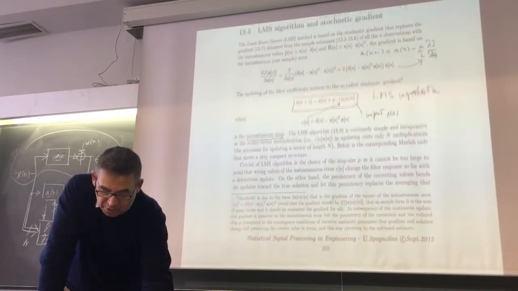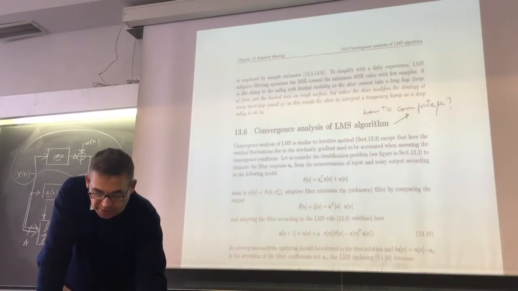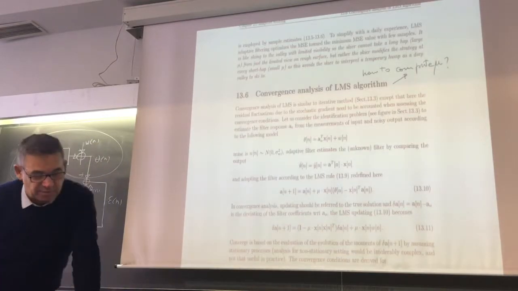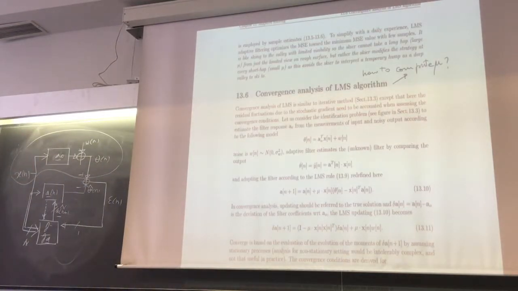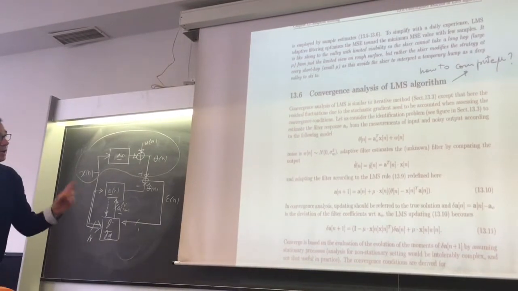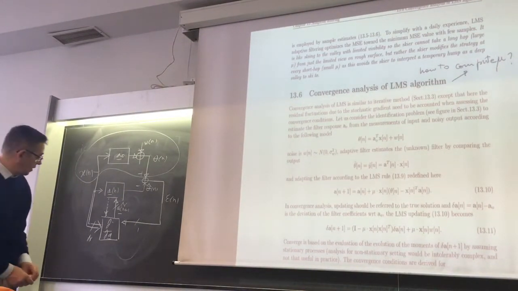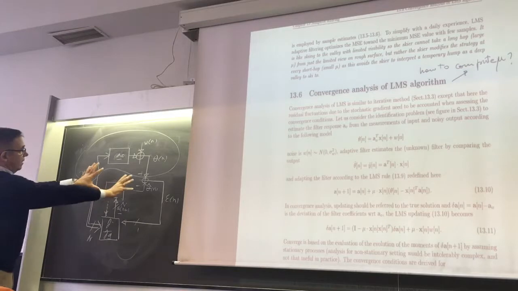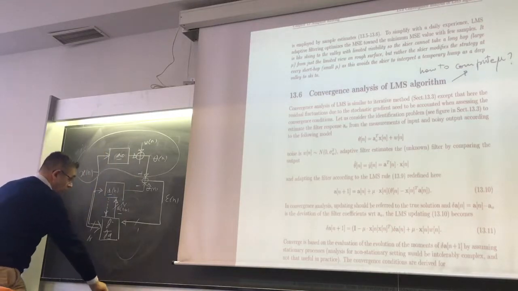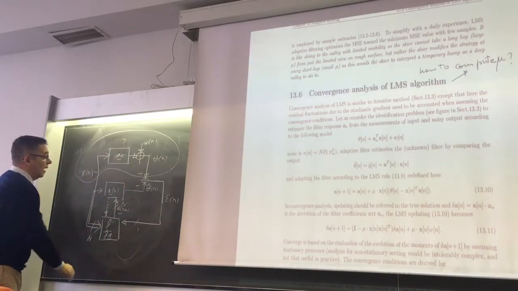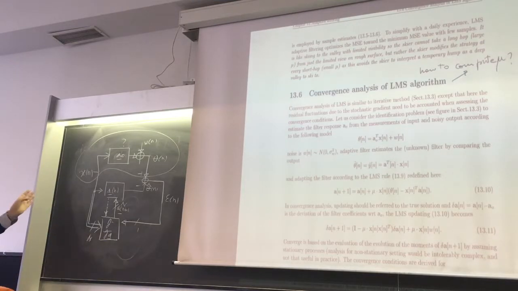So anyway, we need to establish the convergence, and the problem for convergence is this one. Now, I calculate the output, and then I have the error there. Look at this. This is my unknown. To study the problem of convergence, I need to put myself in the same condition that I was working with in the stationary process.